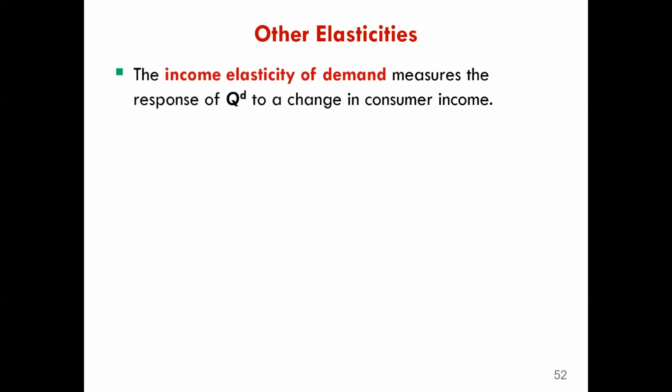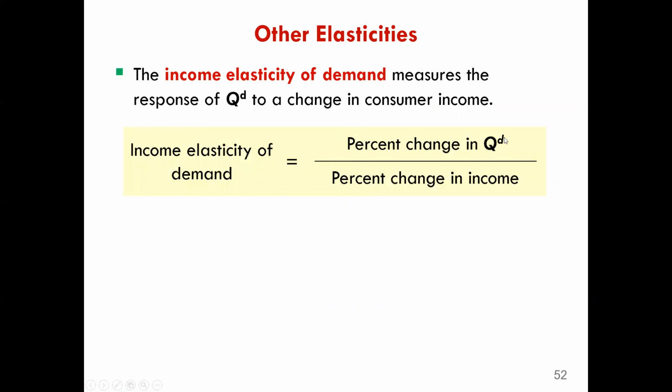Now, there are other types of elasticities we are interested in. The other type we want to look at now is the income elasticity of demand, which measures the response of the quantity demanded to a change in consumer income. We measure income elasticity of demand by dividing the percentage change in quantity demanded by the percentage change in income.